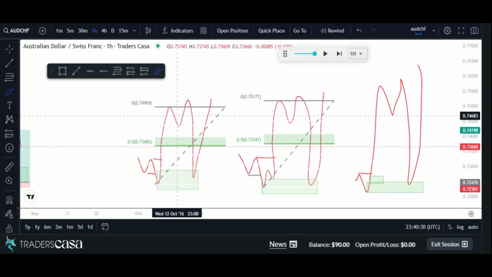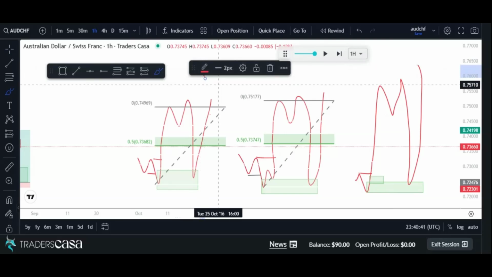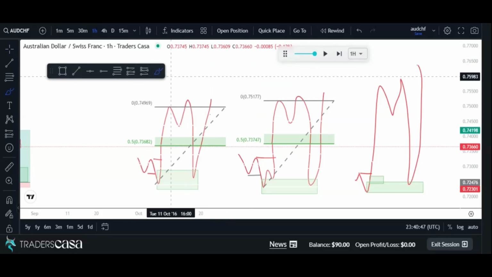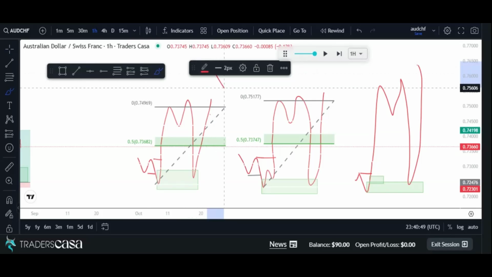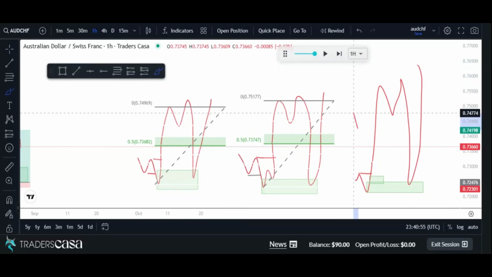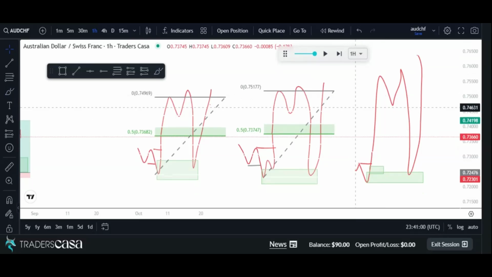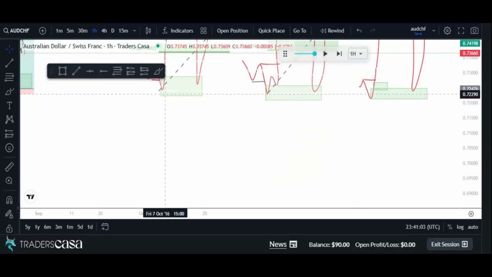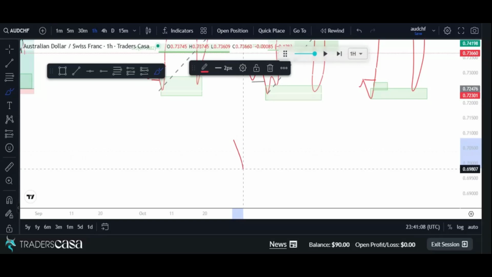And when you start looking for a valid inducement, a valid inducement should be V shaped.